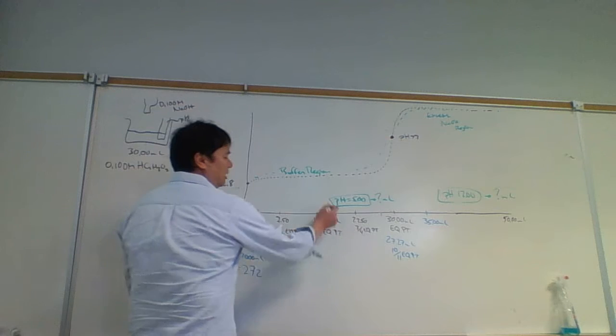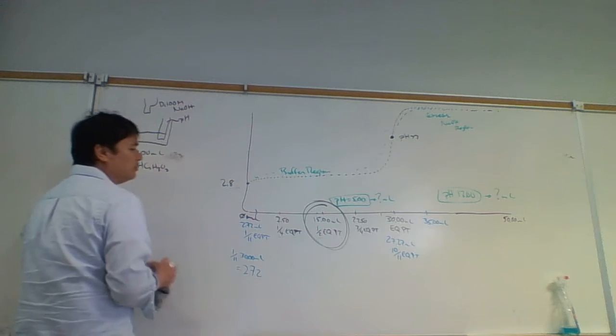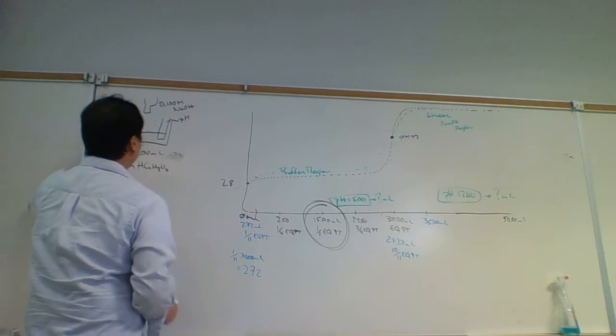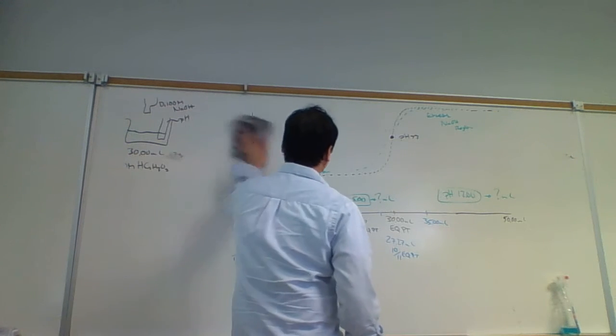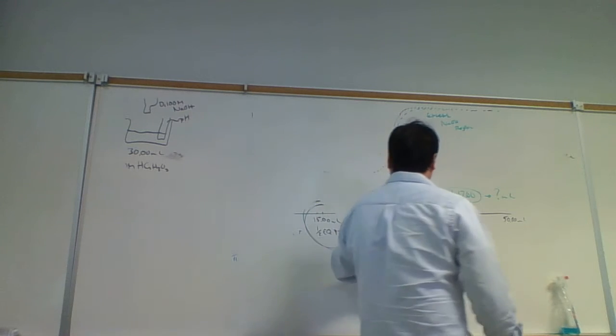All right, so the first calculation we're going to start off with is at the half equivalence point here. And the way we're going to do that is we're going to do that like any other calculation in this chapter.